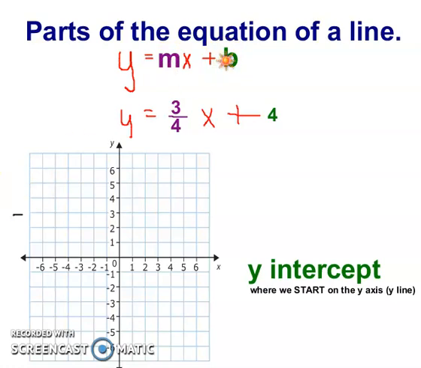Now remember what a y-intercept is. A y-intercept is where a line crosses over the y-axis. So this line right here crosses over the y-axis at 4. That's why we have a +4 here. That +4 tells me I go on my y-axis, I find the number 4, and I put a point.